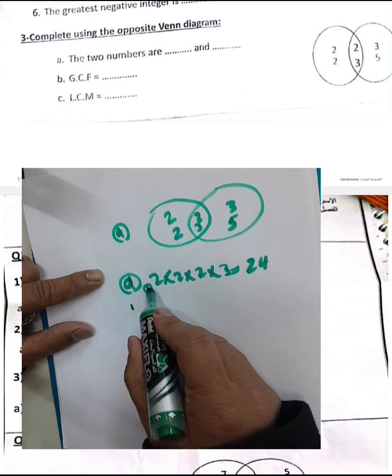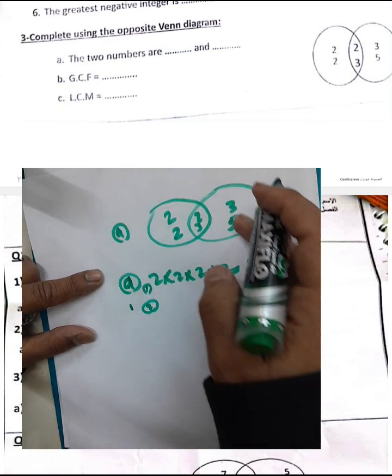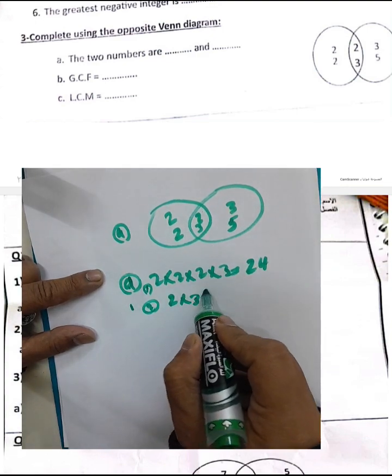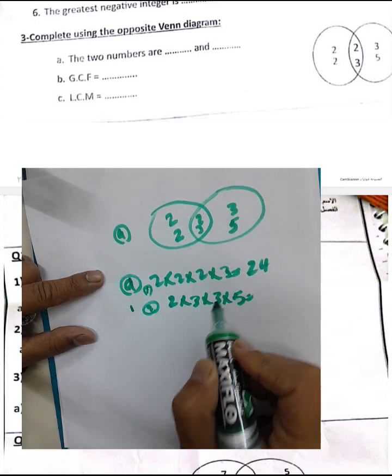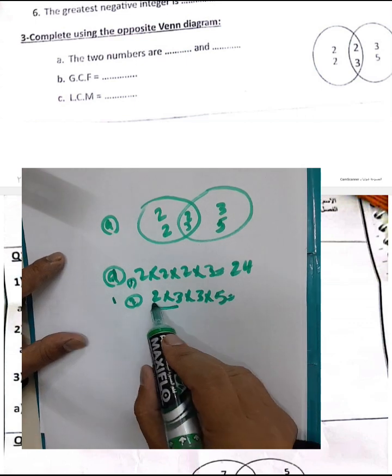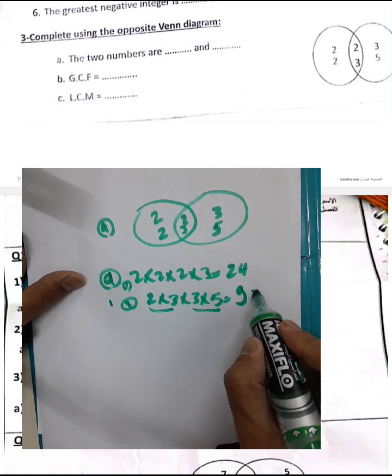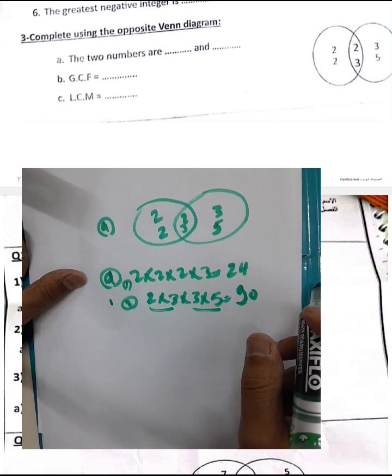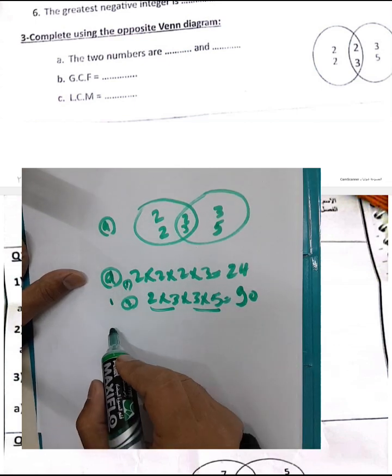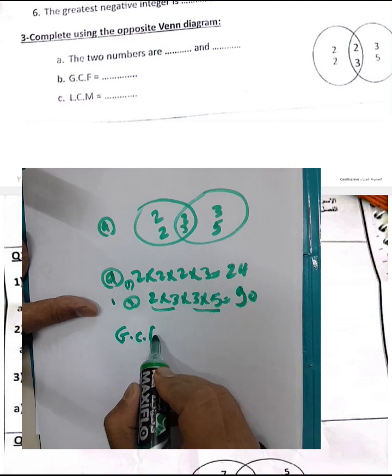And that's the first number. Second number here, 2 times 3 times 3 times 5. 2 times 3 is 6. 3 times 5 is 15. 15 times 6 equals 90. Second number here, 90.